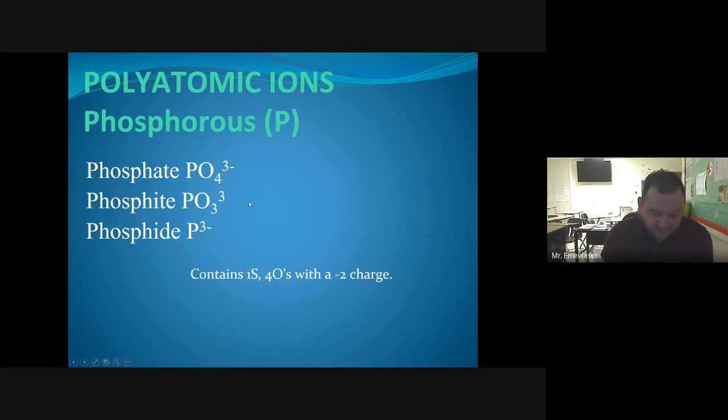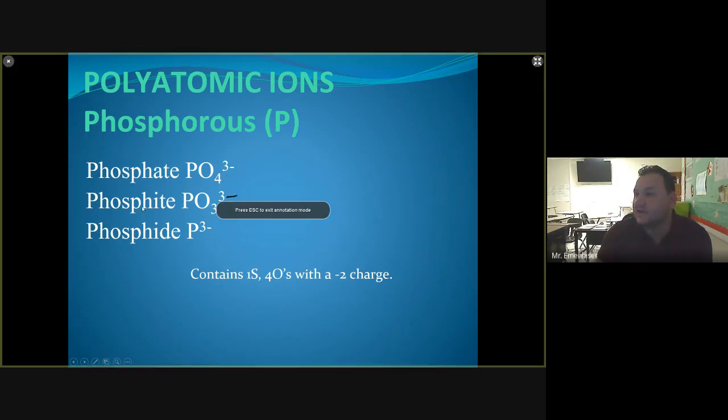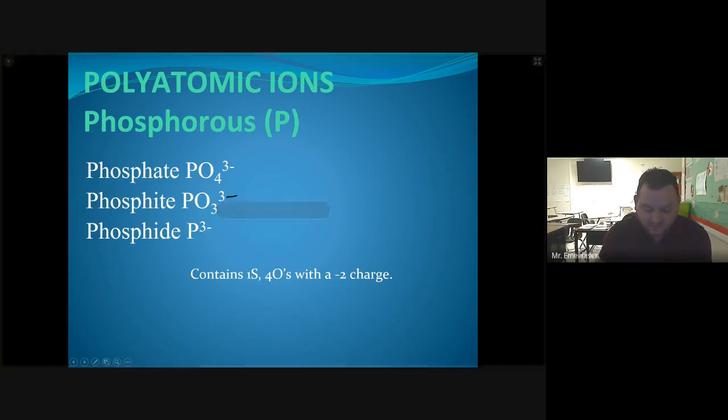I missed the minus. So phosphate is that, phosphite is that, and phosphite's actually not on your polyatomic list, so you probably won't see it on the test, and I'll have to look for it and make sure it's not on there, but that's the phosphite molecule. And then phosphide is just phosphorus with the -3 charge. So that's one phosphorus with the -3 charge.